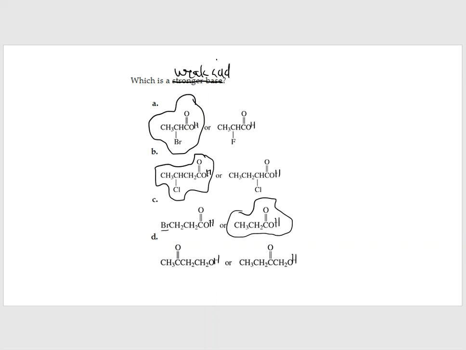And then finally D, down here at the bottom, I see the double bond O further away from that hydrogen than in this second example here. The double bond O is closer. So the double bond O is closer to that hydrogen, which means that this is the strongest acid, which means that this is the weaker acid.